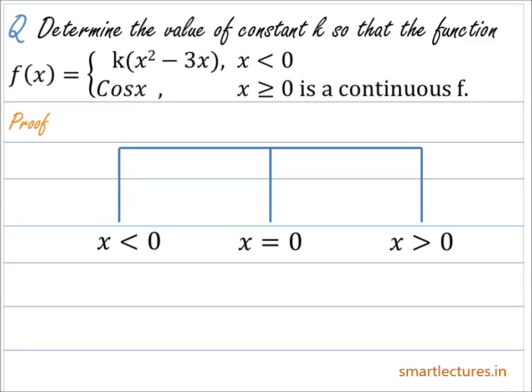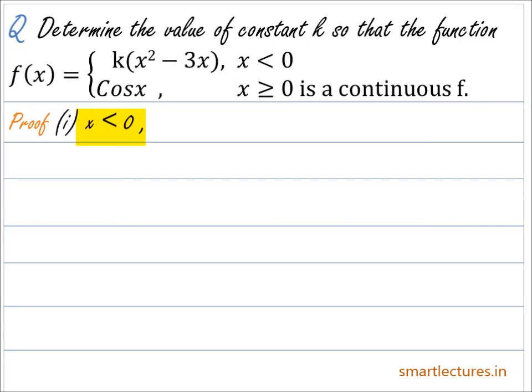In the first case, x is less than 0. And when x is less than 0, then f of x is equal to k into x square minus 3x. Now k is a constant and x square minus 3x is a polynomial function.